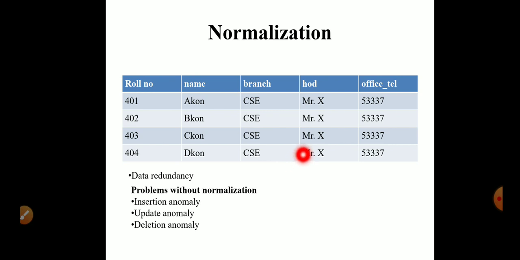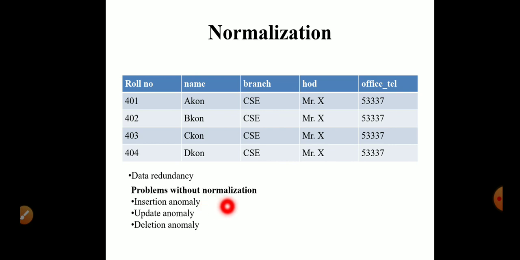Suppose for a new admission, until and unless the student opts for a branch, data of the student cannot be inserted, or else we will have to set the branch information as null. Also, if we have to insert data of 100 students of the same branch, then the branch information will be repeated for all those 100 students. These scenarios are nothing but insertion anomalies.